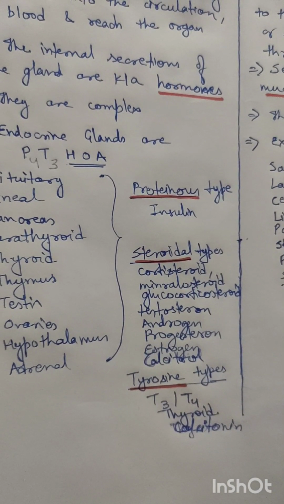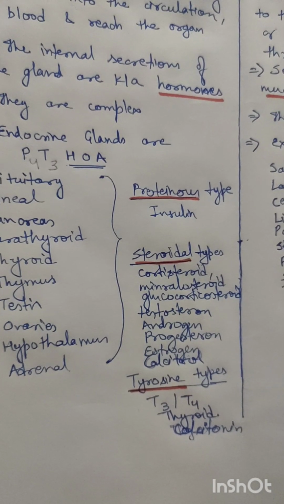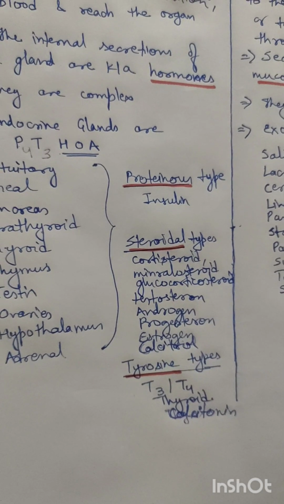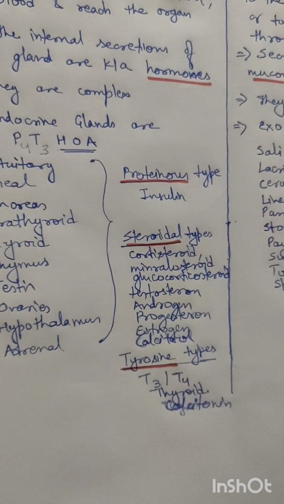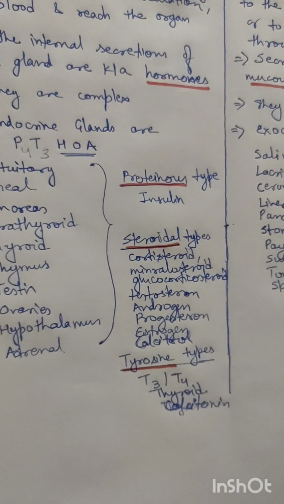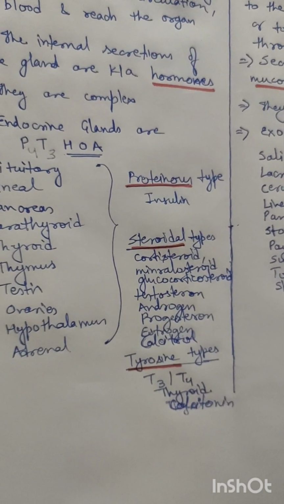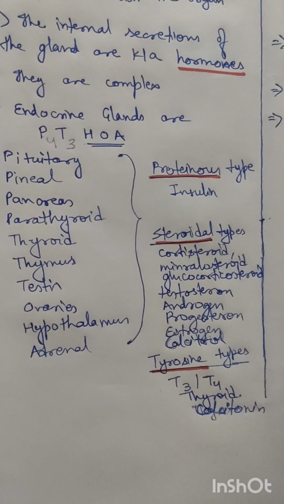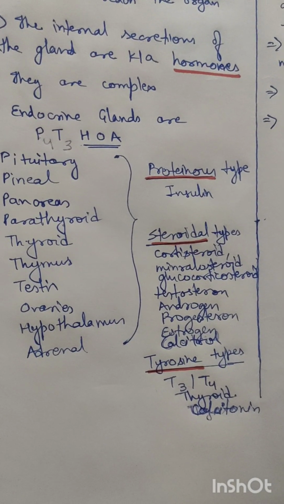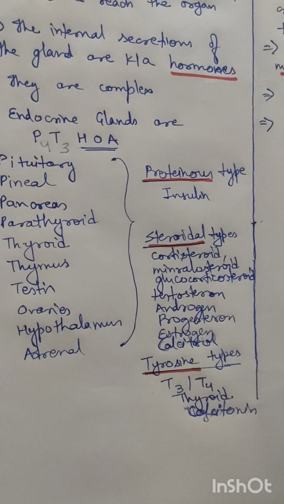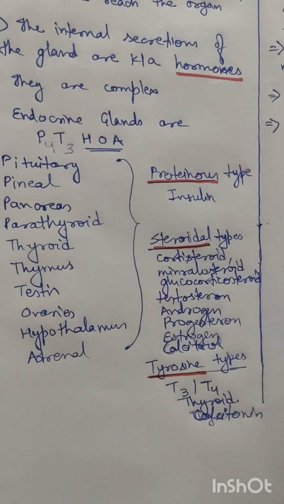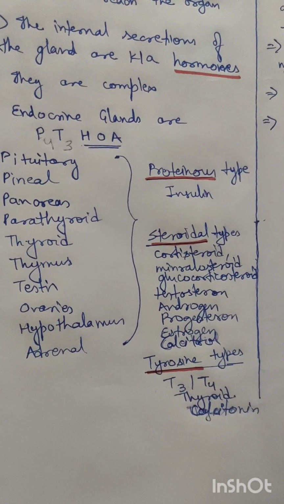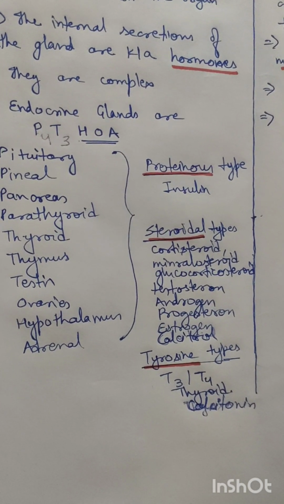Prolactin, corticotropins and TSH are produced there. Gonadotropins also: follicle stimulating hormone and luteinizing hormone are present there. Oxytocin they produce. The pituitary gland is called the master gland because it produces lots of hormones, like prolactin, growth hormone, thyrotropin, oxytocin, vasopressin, etc. The thyroid gland produces T3, T4 and calcitonin.